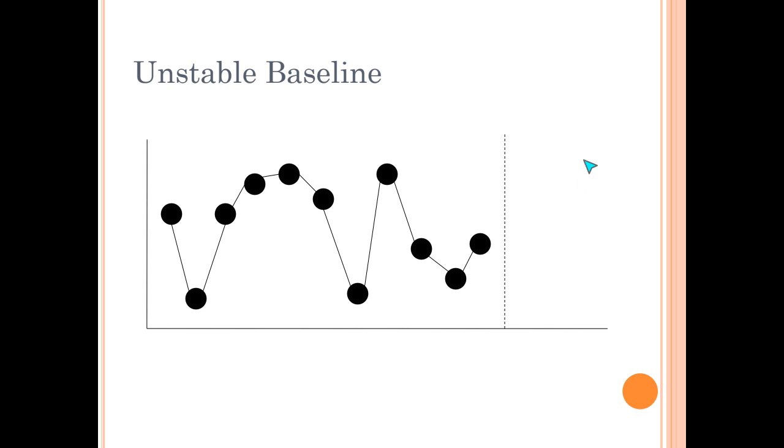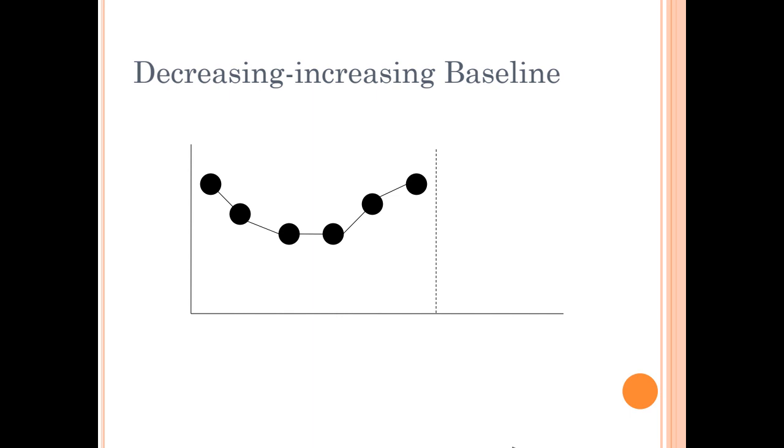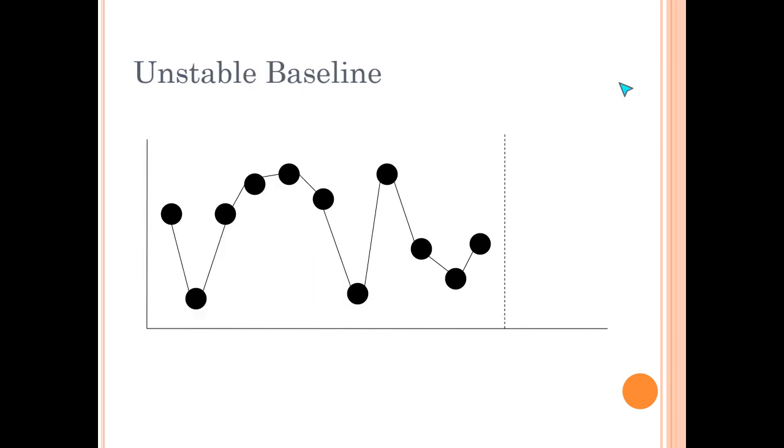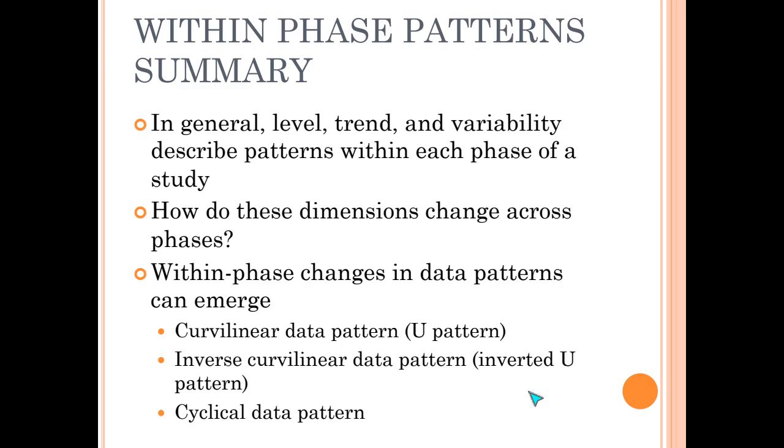Right. So to sum this up, we are looking at three different things: level, trend, variability, and we are describing these three phenomena within each phase of the study. And you want to qualitatively express in the manuscript how do these dimensions change across phases.